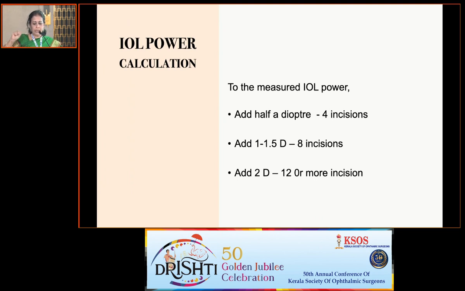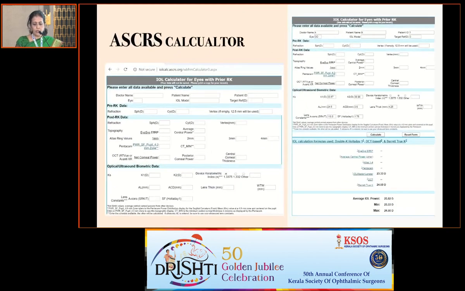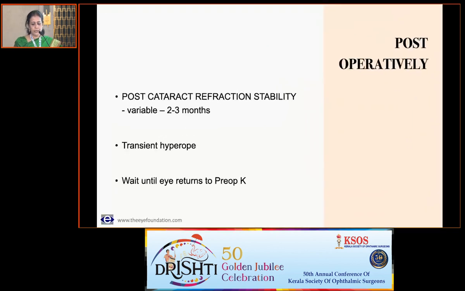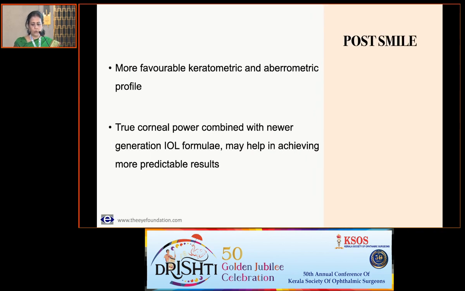So for the IOL power calculation, you add half a diopter if there are 4 incisions, add 1 to 1.5 if there are 8 incisions, and add 2 diopters if there are 12 or more incisions. And again in the ASCRS calculator, you can do the post-RK calculation, but be prepared that you will need the eye to stabilize till the transient hyperopia goes.